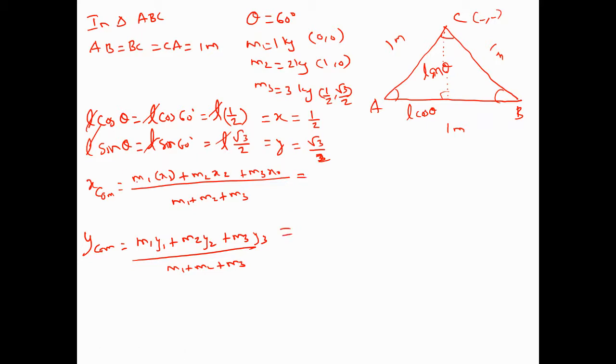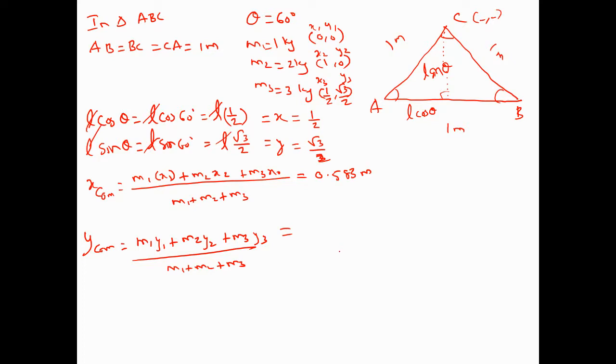What is the value of m1? 1 kilogram. What is the position of x1? So this is your x1, y1. This is your x2, y2. This is your x3, y3. Am I right? Yes. So if you substitute all the values in the formula, you can get the x center of mass as 0.583 meter. Am I right?